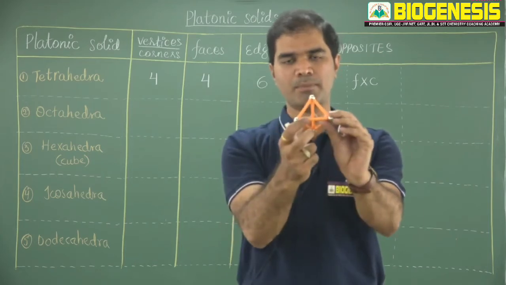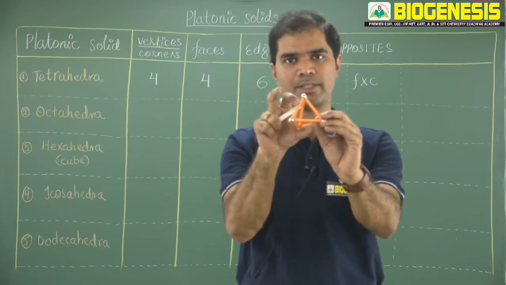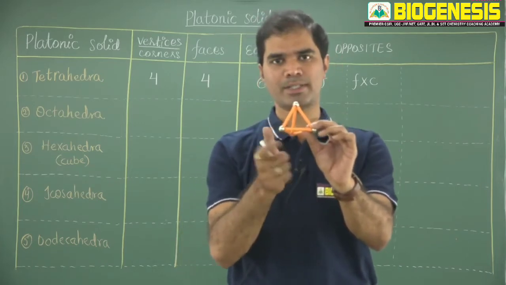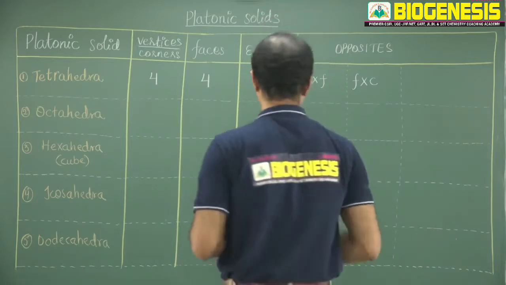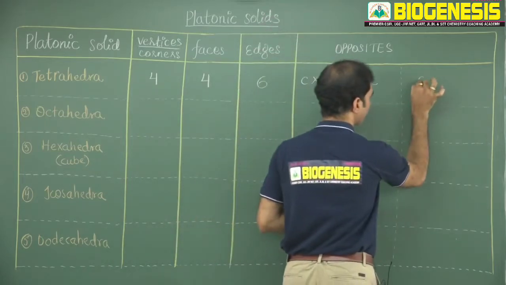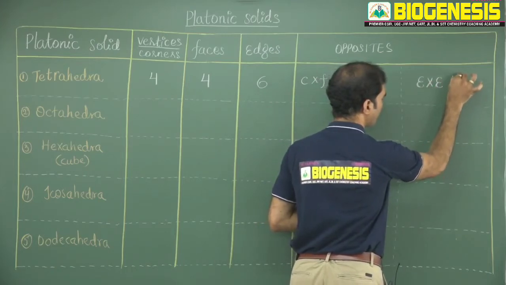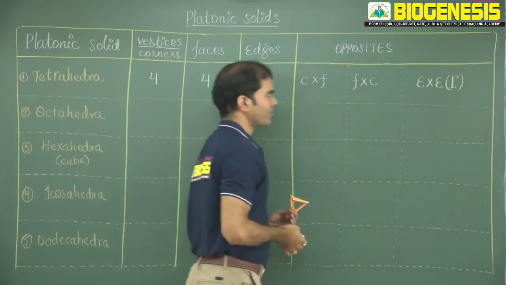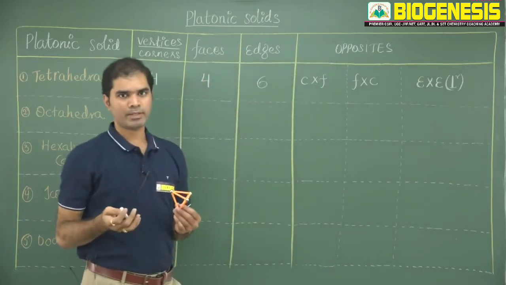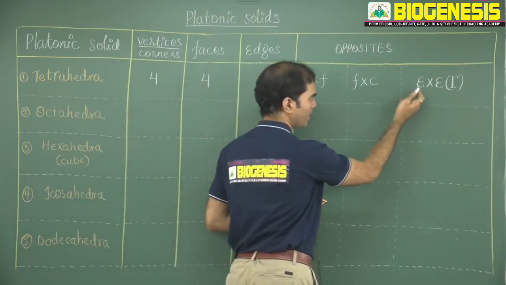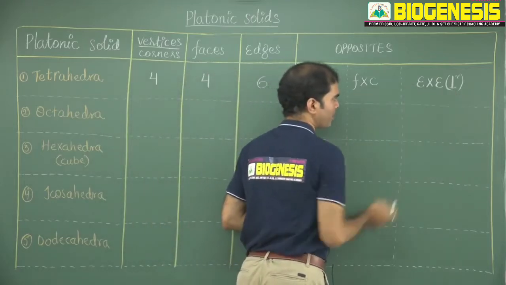So I can choose any pair of edges, and each pair of edges is staggered to one another. So we can conclude that for an edge, opposite is also an edge, but this is a perpendicular edge, or simply you can call it a staggered one for our easy remembrance. Corner to face or face to corner, edge to edge, which is a perpendicular edge.